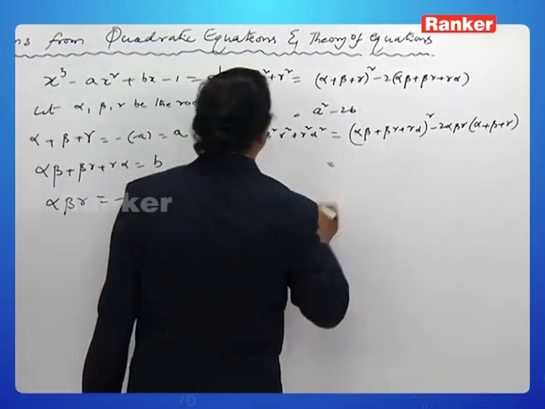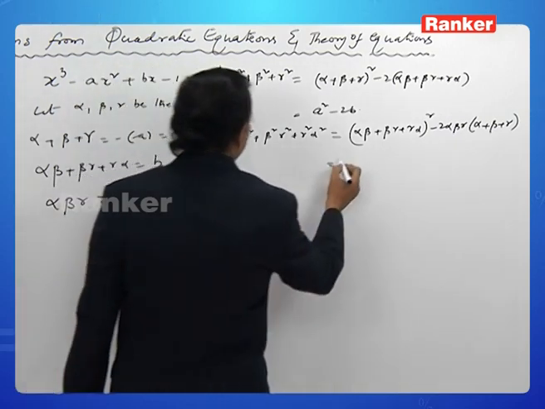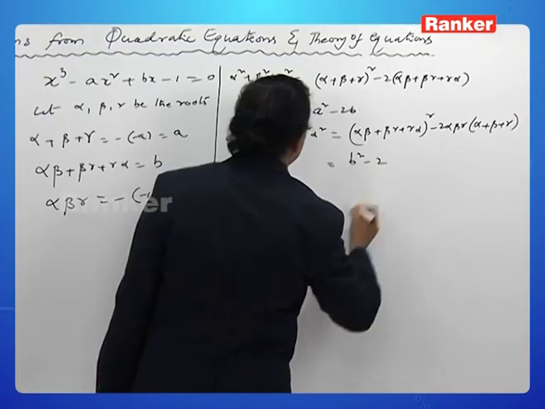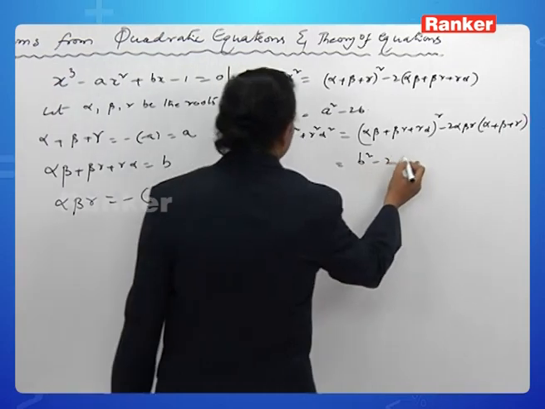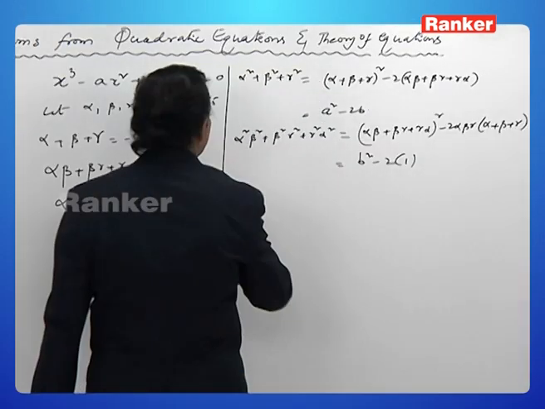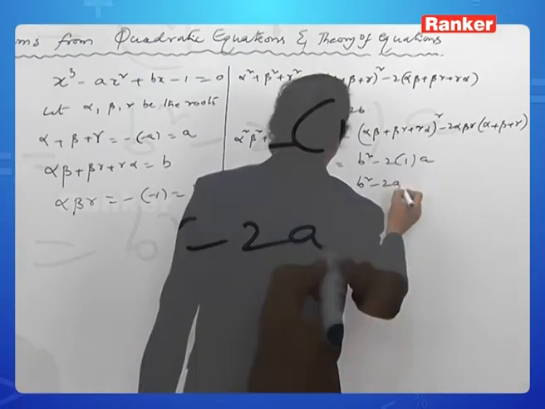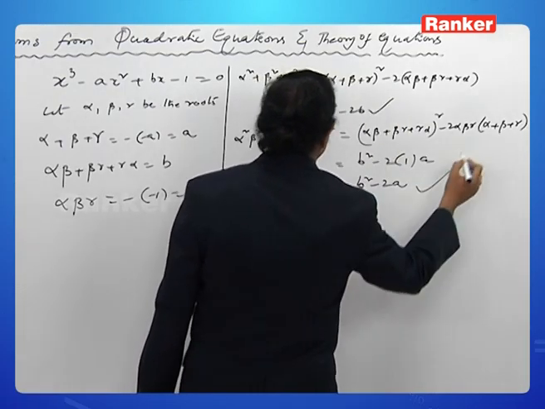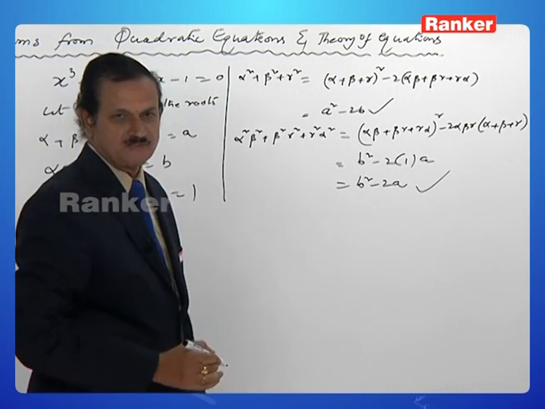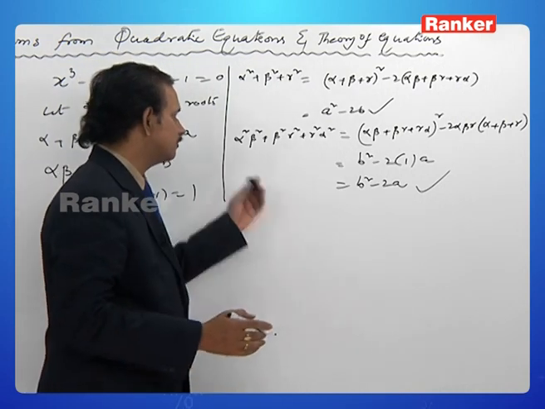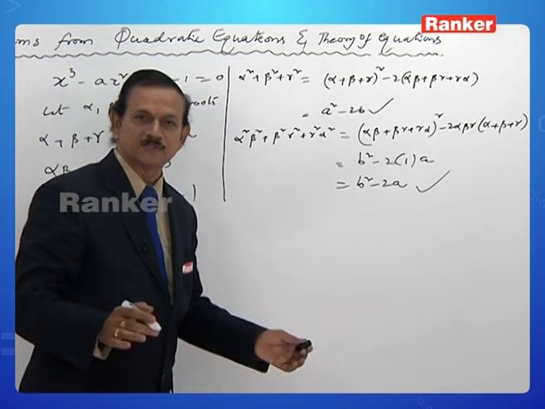What is alpha beta plus beta gamma plus gamma alpha? b square minus 2. Alpha beta gamma is 1. Alpha plus beta plus gamma is a. So it is b square minus 2a. You don't forget these. These are very essential for us. Alpha square beta square plus beta square gamma square plus gamma square alpha square we have found.